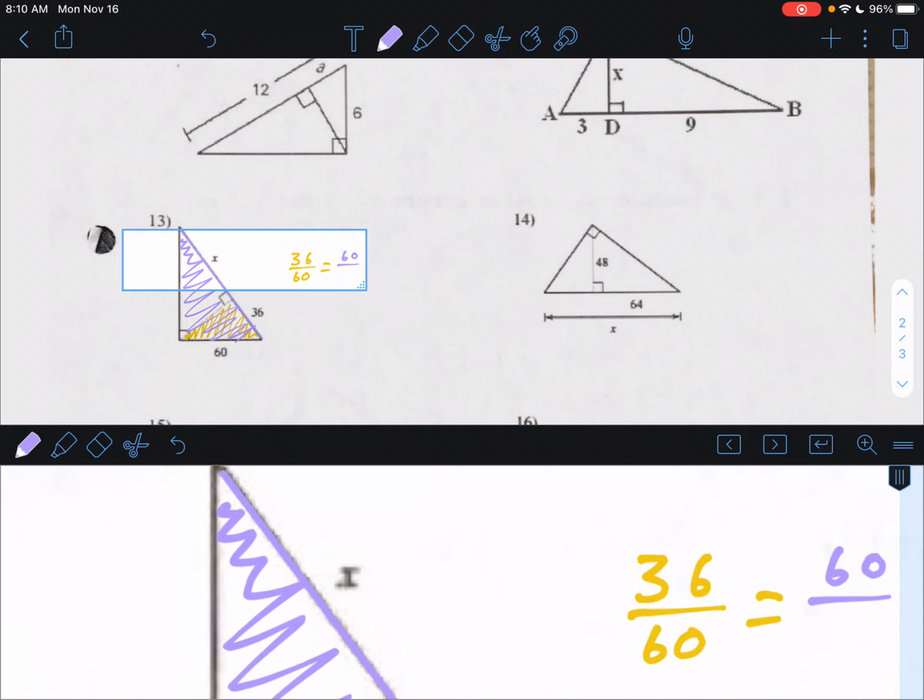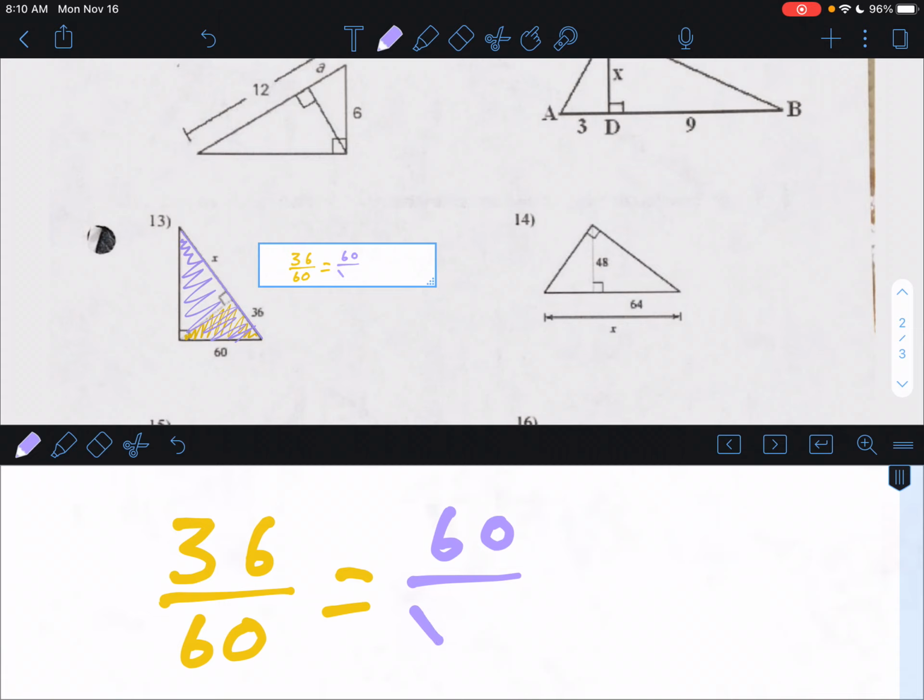So x plus 36. And I know you guys know how to solve that proportion, so you would solve this proportion for x. And you would do the same thing for 15. 15 is going to be similar to that one.